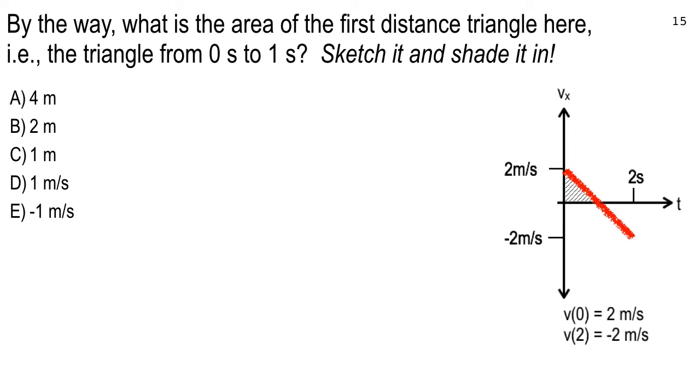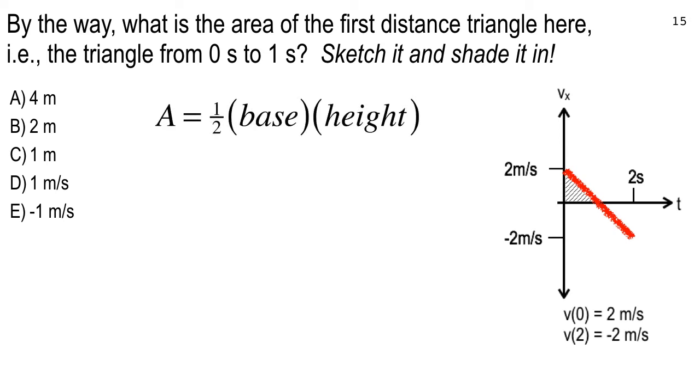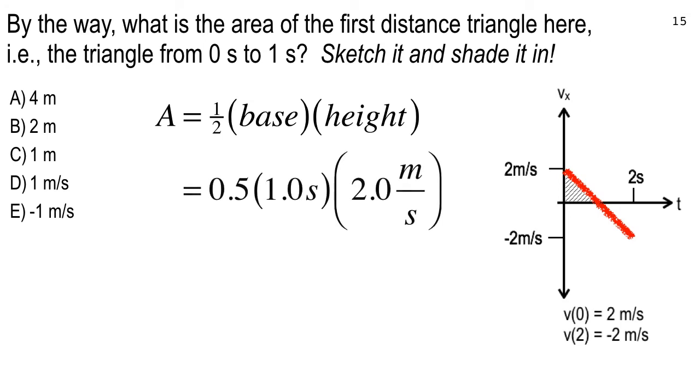10 seconds to vote. 10, 9, 8, 7, 6, 5, 4, 3, 2, 1, 0. All right, you guys did good. Base times height, and in this case, it's 0.5 times 1.0 times 2.0 meters per second.